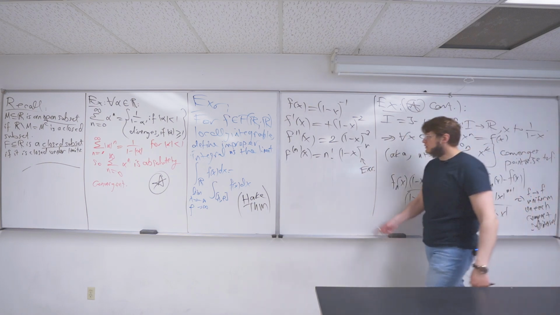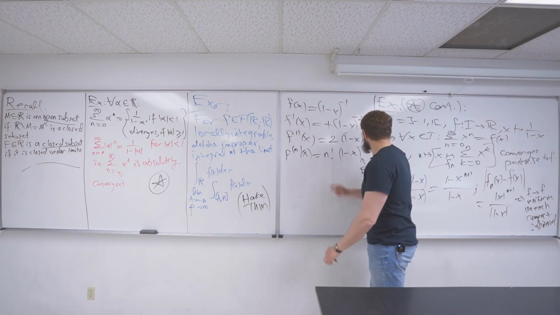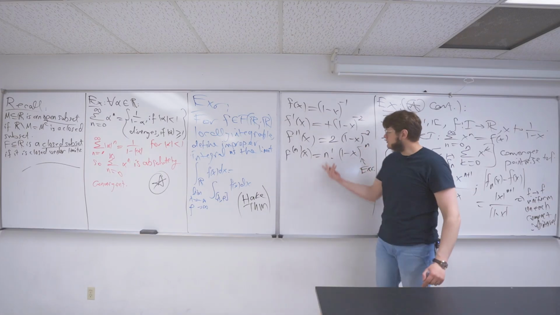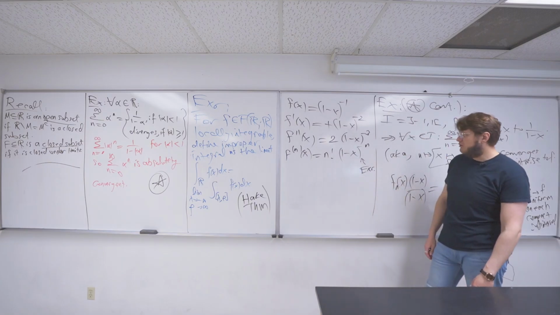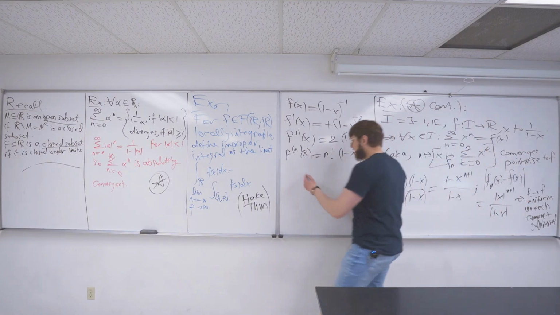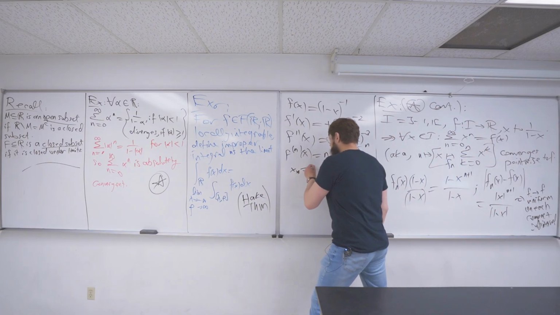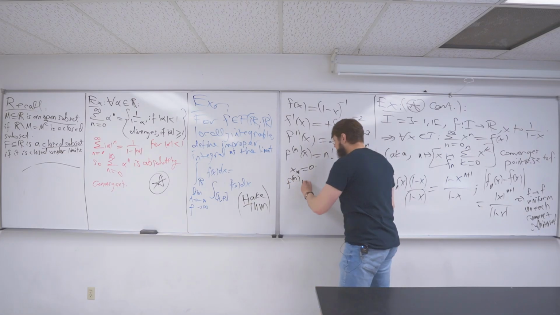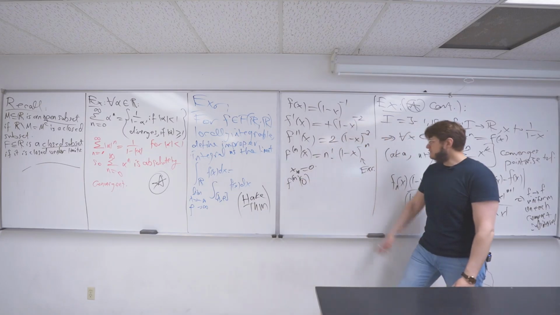Okay. Well, that means what are the derivatives at 0? So x star is 0, say. Then the nth derivative at 0 is n factorial.